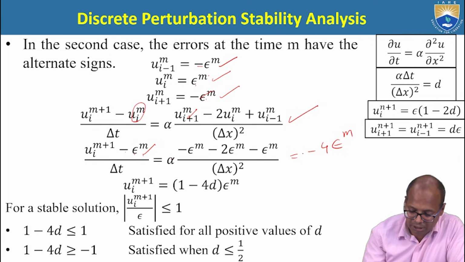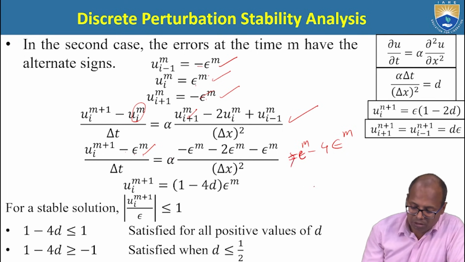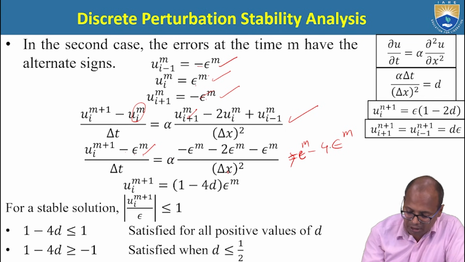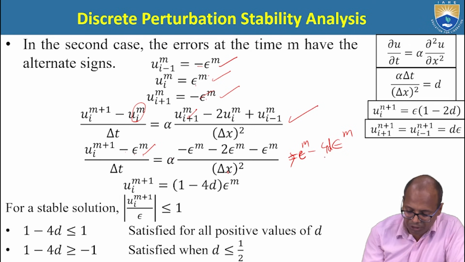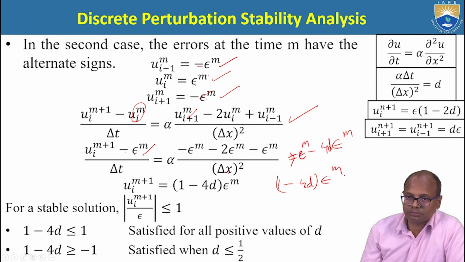If I bring that one here, I will get epsilon power m, positive one. And what else am I getting? I am getting alpha into delta t divided by delta x square, so that will be included as d. So it is simplifying as 1 minus 4d into epsilon power m.